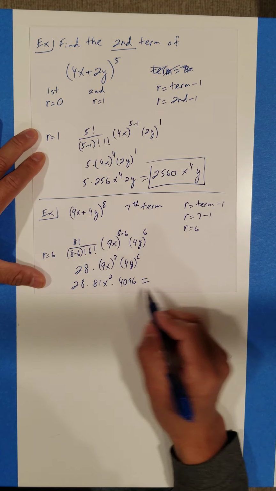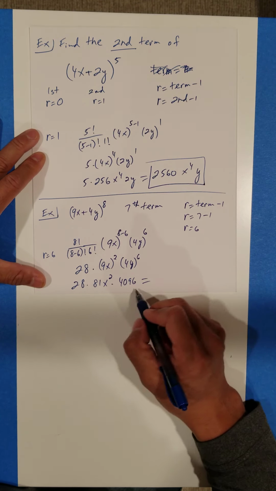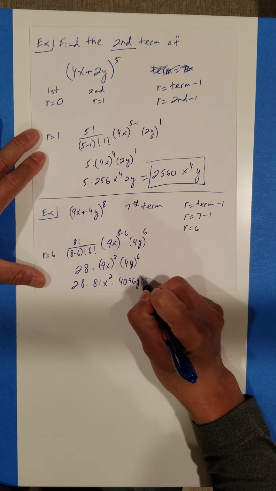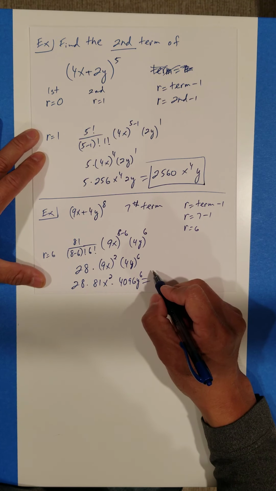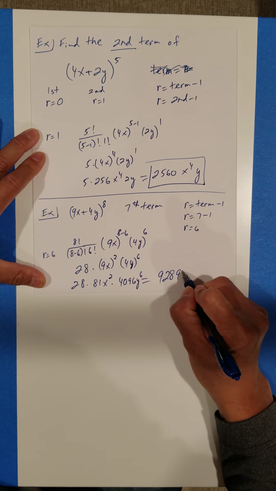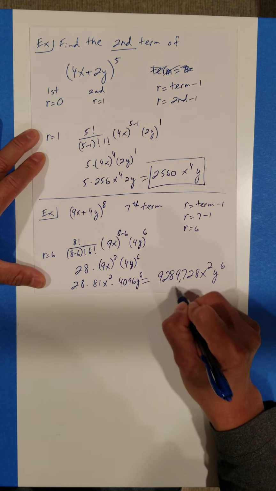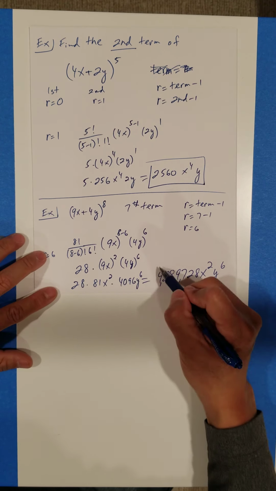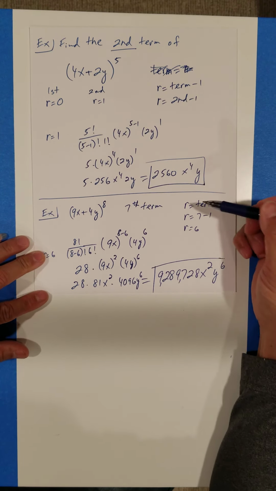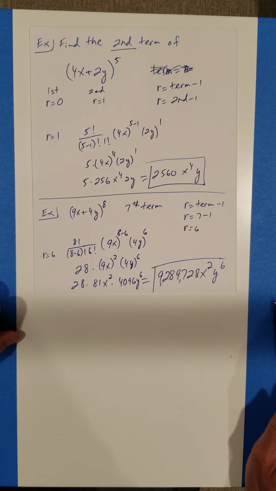Okay, so when you multiply these three numbers out, you are going to get 9,289,728 x squared y to the 6th. So there you go. All right, so this is what they call the 7th term. Okay, so hopefully you can do that. All right, try it on your own.